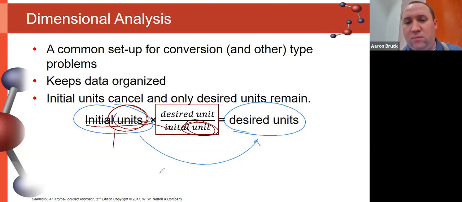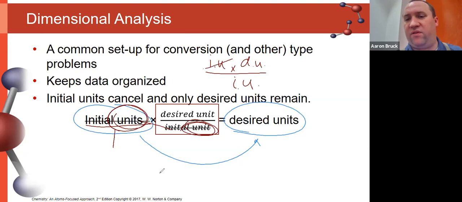So that when we multiply the units together at the end, I'll have my initial unit multiplied by my desired unit divided by my initial unit. And since I have an initial unit in the top of the fraction and on the bottom of the fraction, they cancel out, and the desired unit is the only thing that is left over.